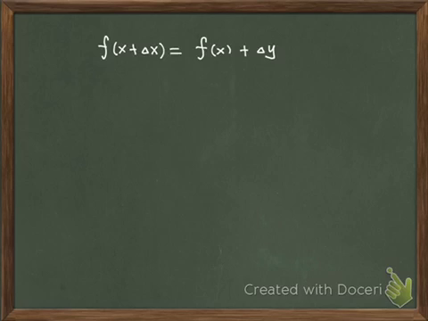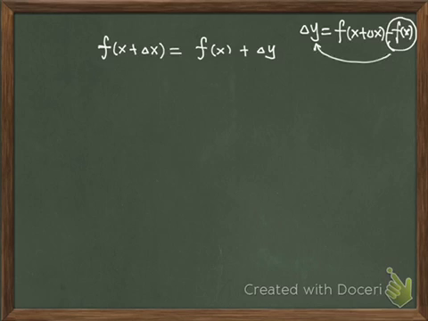So if you consider the function value f at x plus delta x, then by the definition of delta y, recall that delta y is defined to be the change in y, that is f of x plus delta x minus f of x. If you move f of x to the left-hand side, we see that f of x plus delta x is equal to f of x plus delta y.